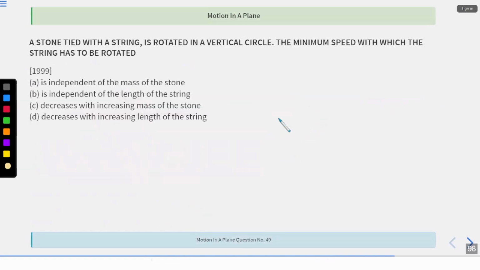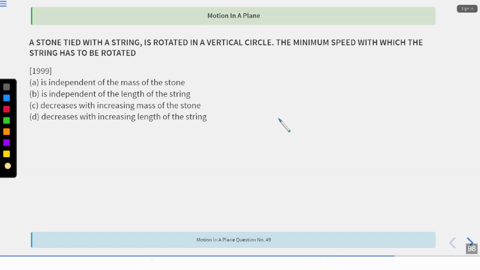A stone tied with a string is rotated in a vertical circle. The minimum speed with which the string has to be rotated: option A, is independent of mass; is independent of the length of the string; decreases with increasing mass. Okay.